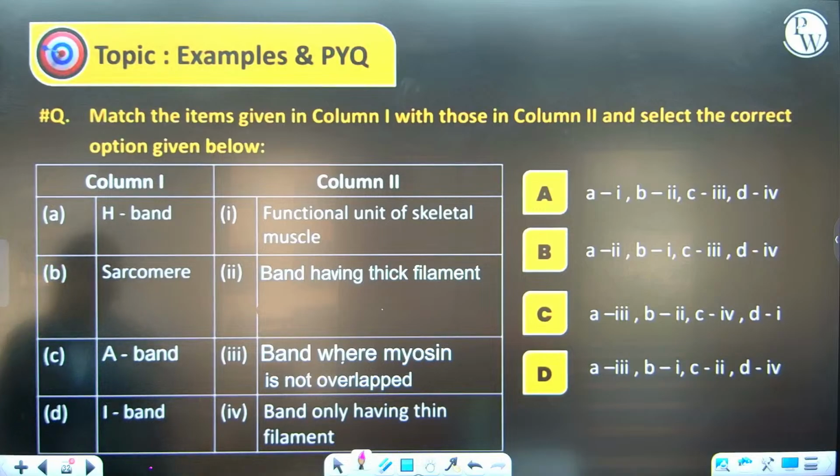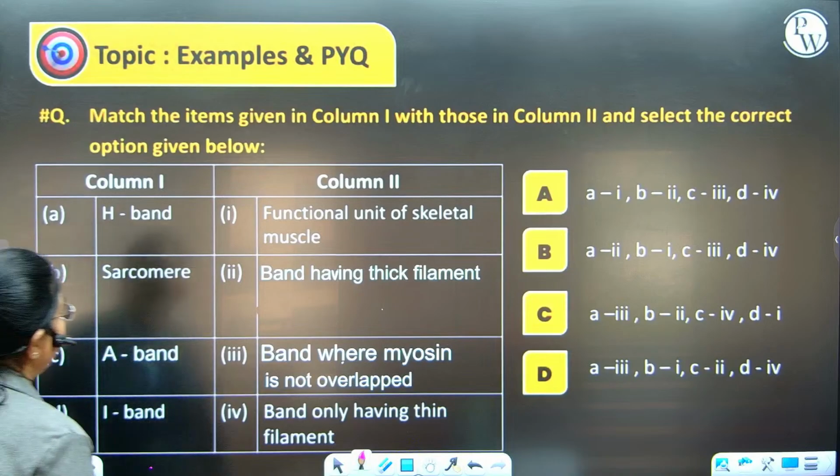Read carefully. We have H band also and we have A band also. Quick recap of what you have answered.